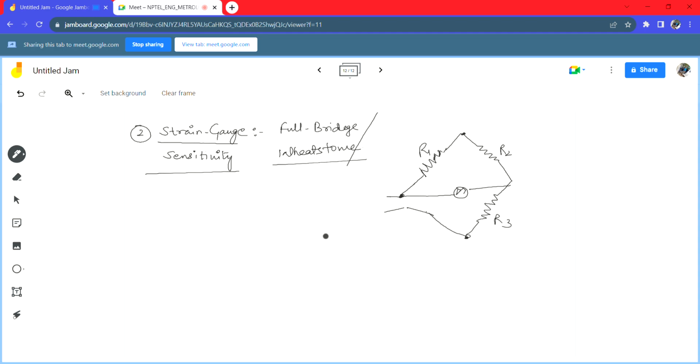And here we apply our strain gauge. And strain gauge is what? It is nothing but, on a non-metallic piece of substrate, we create metallic strips.